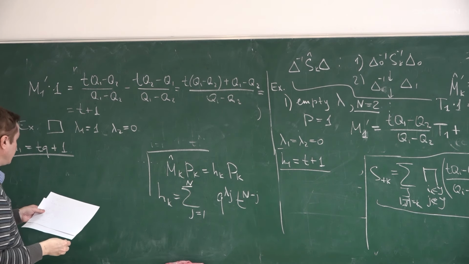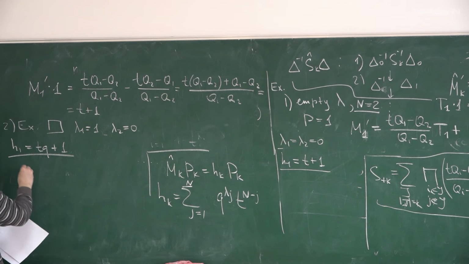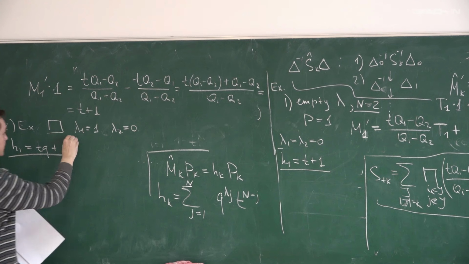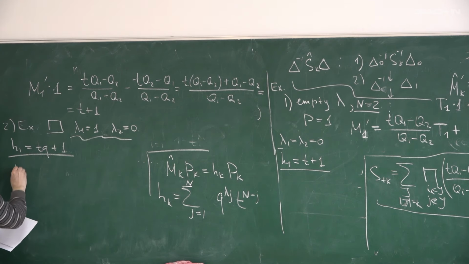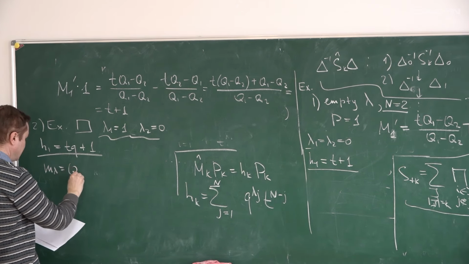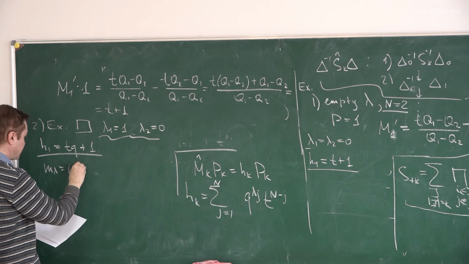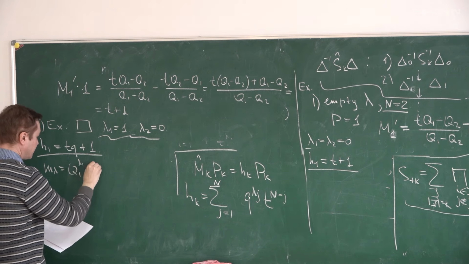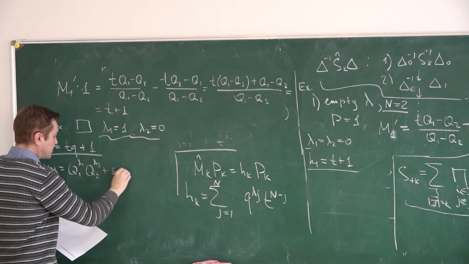This is the eigenvalue corresponding to symmetric monomial functions with this partition. How does it look? We have this m lambda, which is equal, in fact, to q1 to the power of lambda 1, q2 to the power of lambda 2, plus symmetrization.